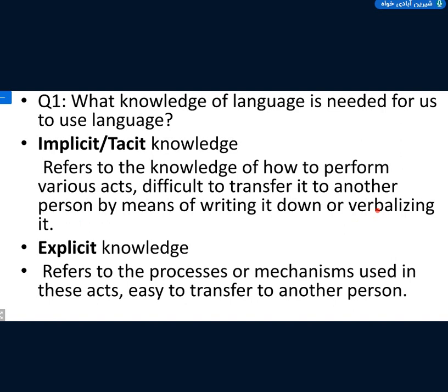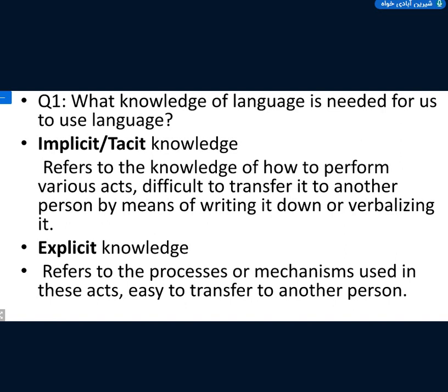Sometimes you may give people questions involving grammaticality, called a grammaticality judgment test. In this test, you ask people to say whether a sentence is correct or not.